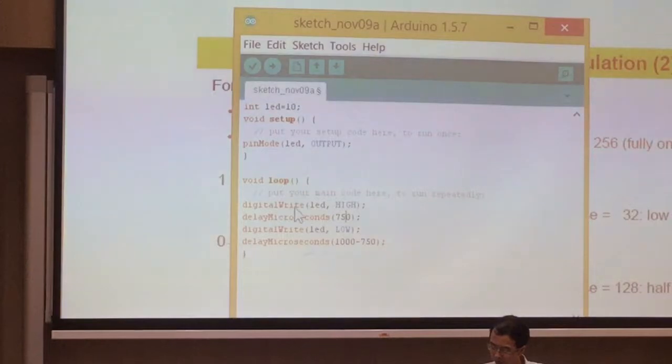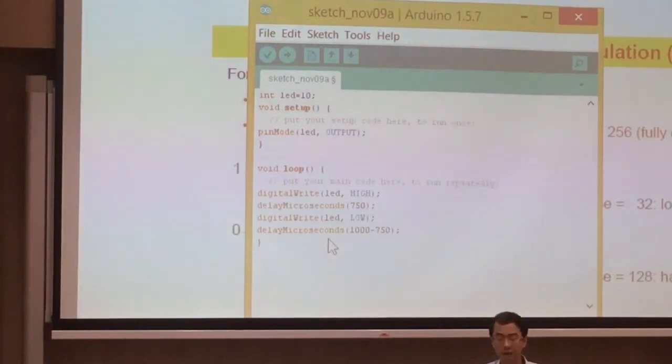What this program does basically is turn on this LED for some time, then turn off this LED for some time. Because it's inside the loop, it will run continuously. Now let's say I change this turn-on time, first to 10.